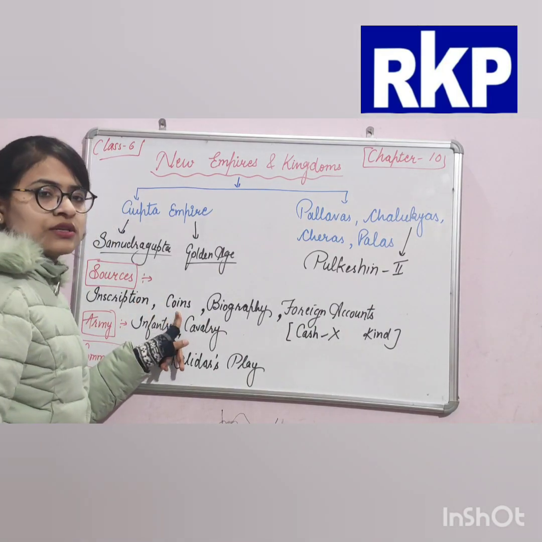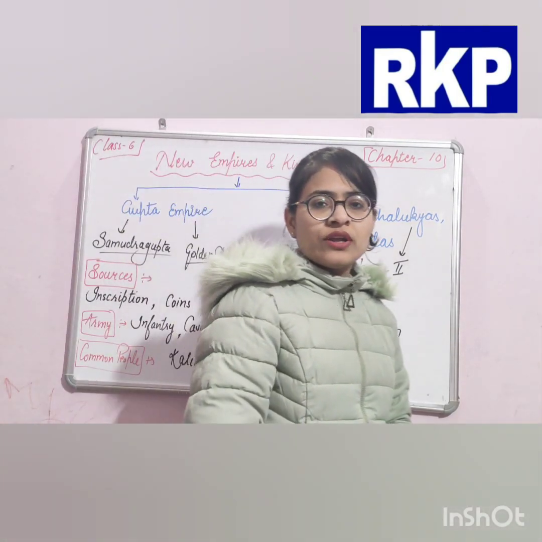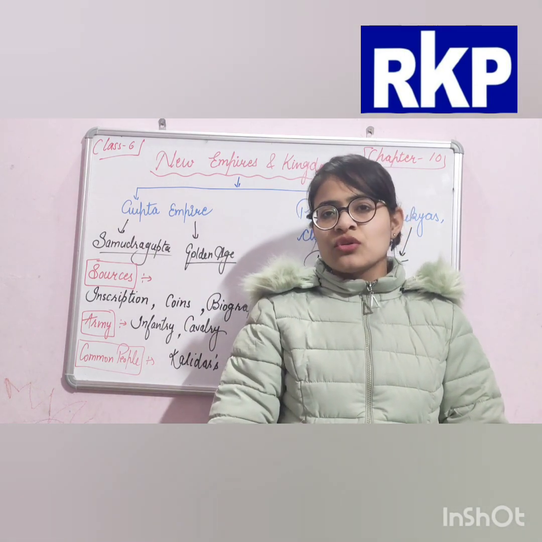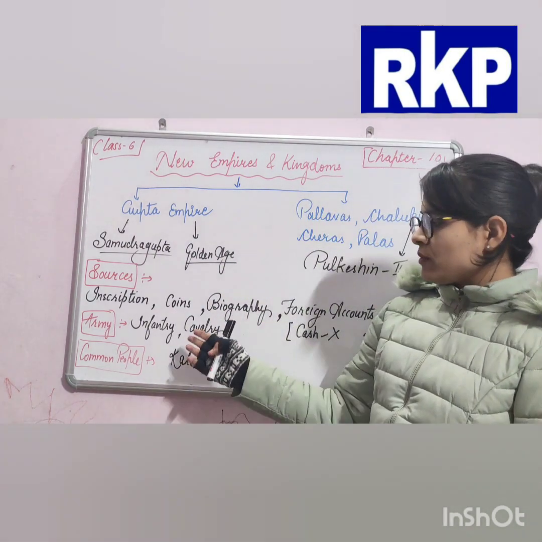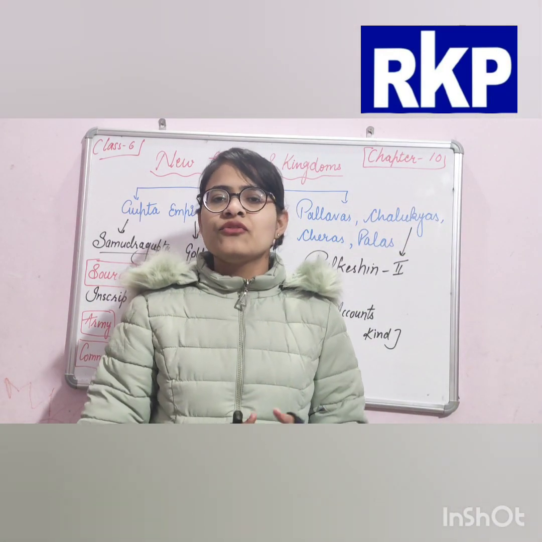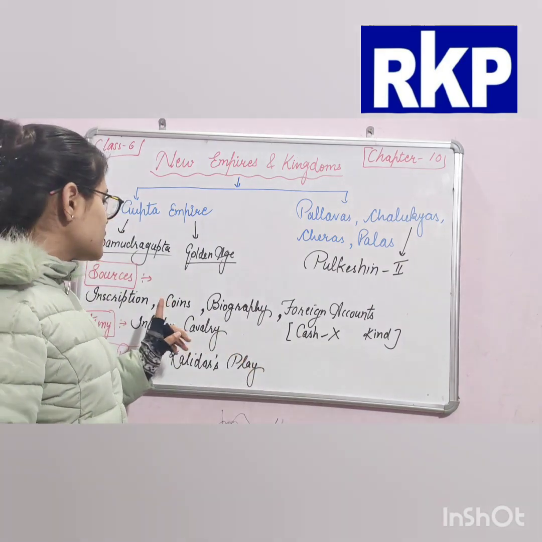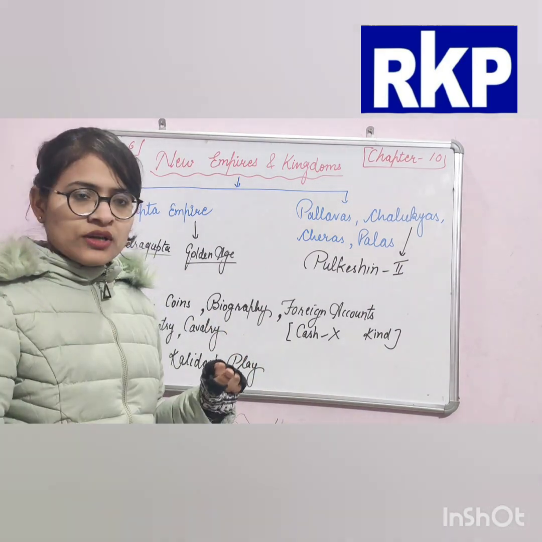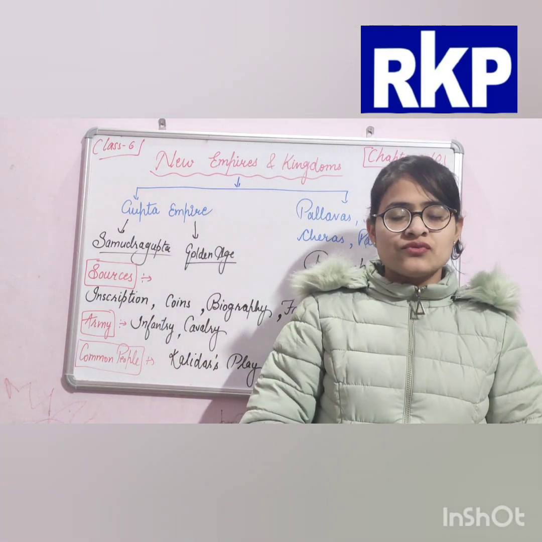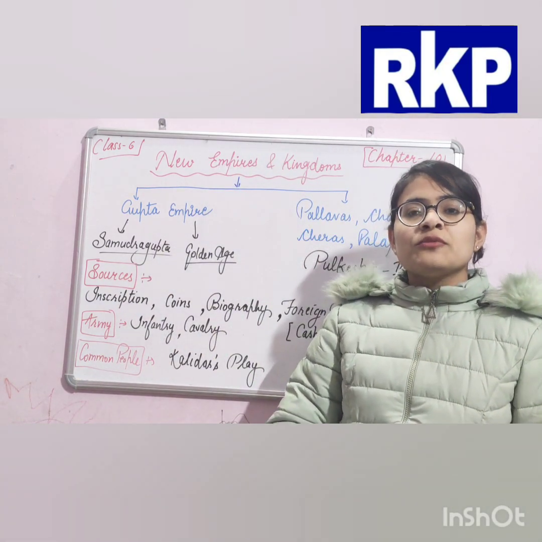On coins, I just gave you one example of Samudragupta: from the coins we got to know about him, where he was found playing the veena. The next is biography. There are some people about whom we come to know by their biographies.